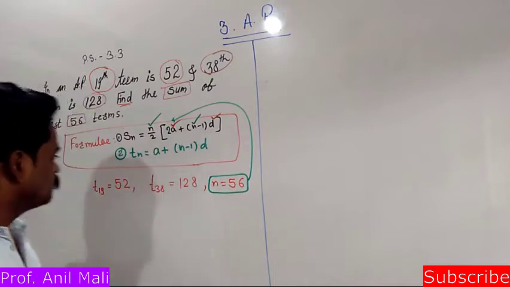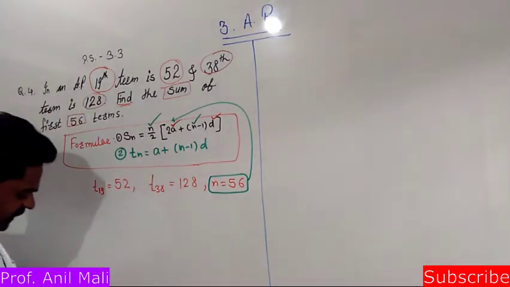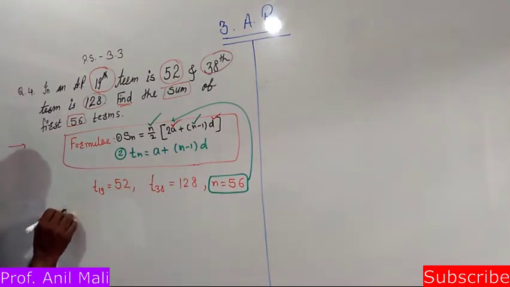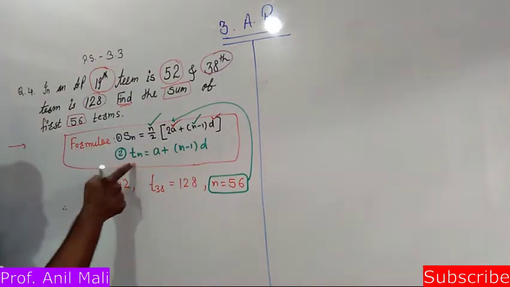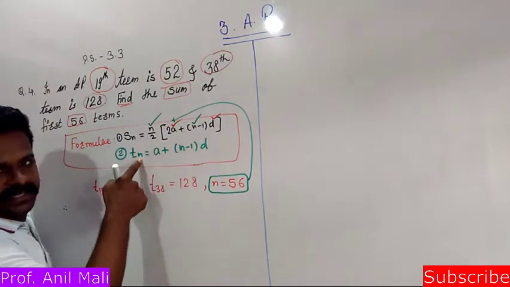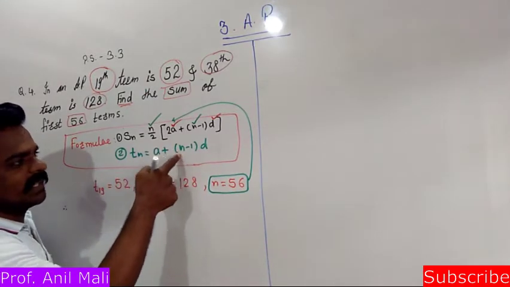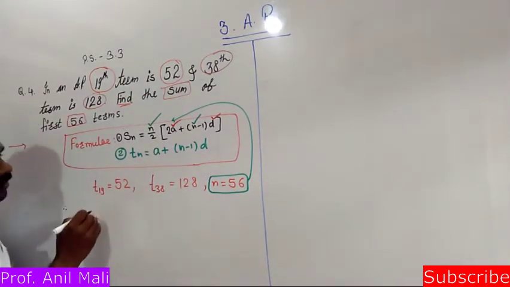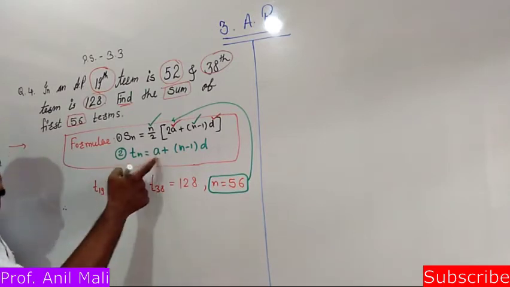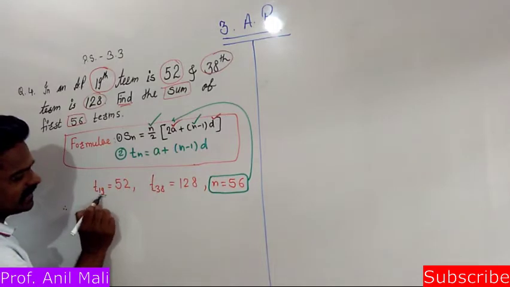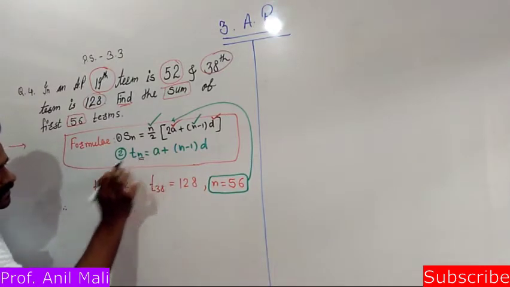Okay, fine, no problem. Now see, T19 is given. So can we write T19 in this form? Tn, the nth term, is equal to A plus n minus 1 into D. So to find T19, we use A plus n minus 1 into D, where 19 is the nth term.